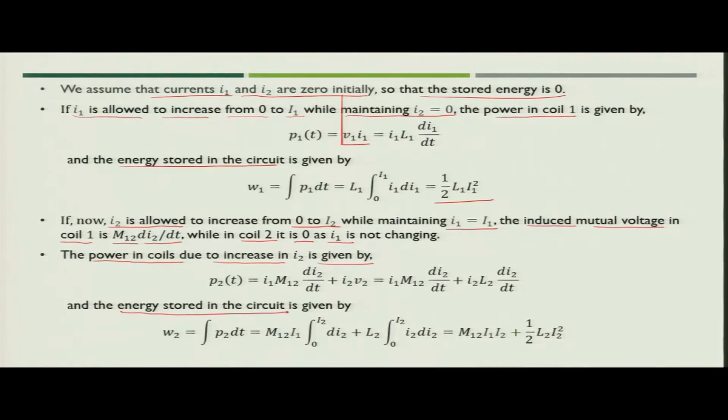The energy stored in the circuit because of the change in current in the second coil from 0 to I2 is found by integrating the instantaneous power from 0 to I2. When you integrate, you get M12 I1 I2 plus half L2 I2 square.